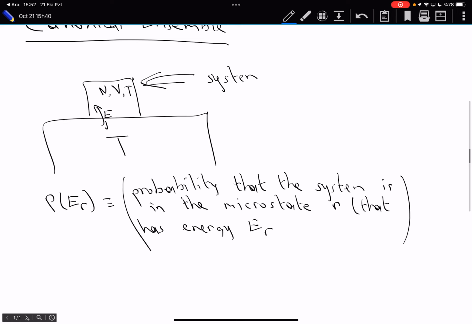So this is the probability that we will be looking for. Once we have the probability, we can just go ahead and calculate all the averages, etc.